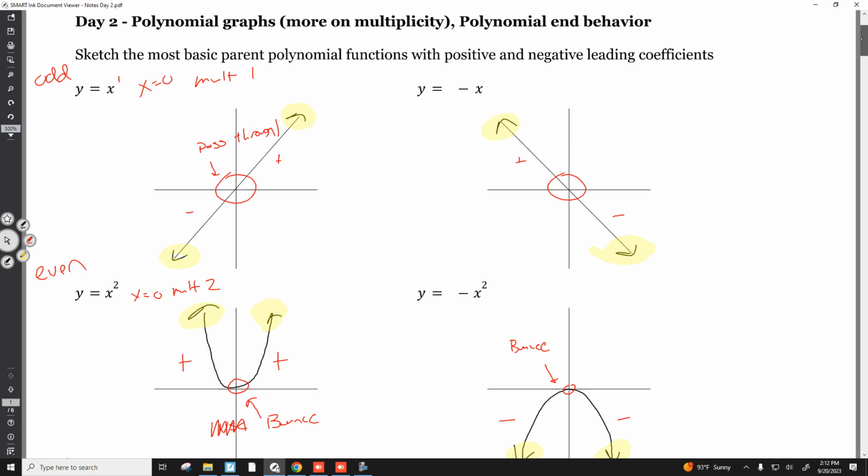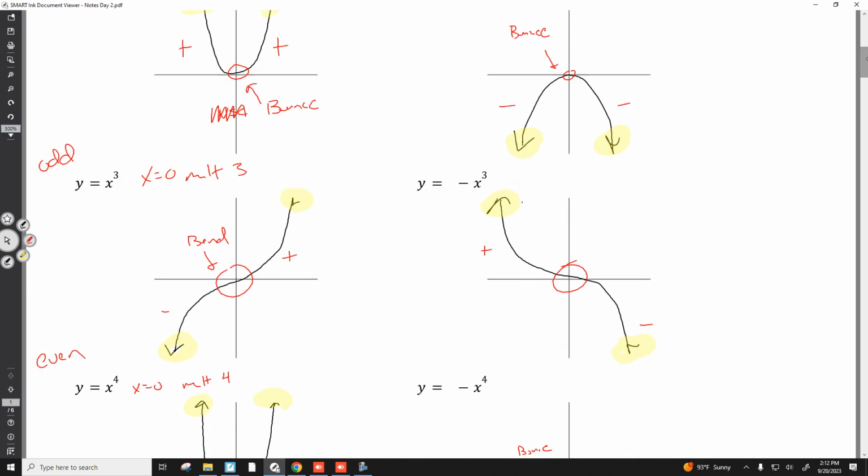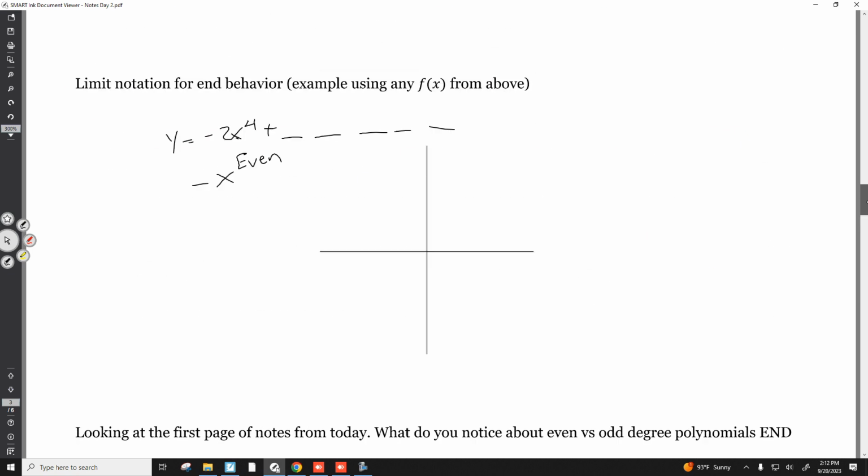X to the first, x cubed, will go in opposite directions. So you will understand your end behavior, and then make sure you can tell me the end behavior using limit notation. This is going to be new for all of you. You've all been using infinities before. We're just putting infinities into a more mathematical statement versus using a lot of arrows.